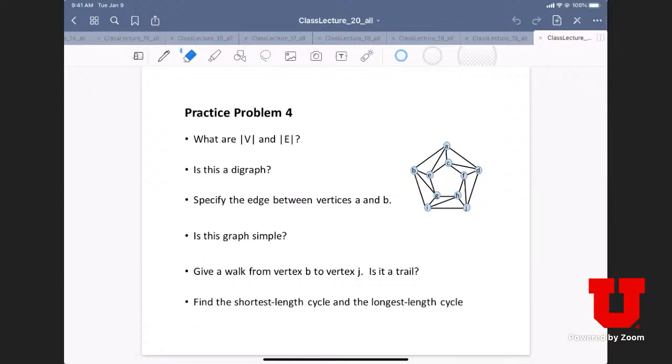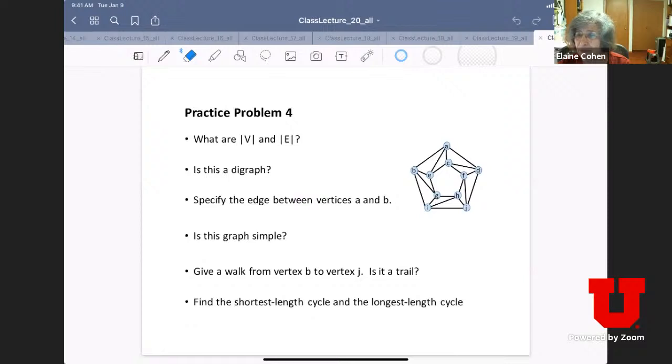Okay. It's of length 3 because there are 3 edges. We start with B, we end with B. There are no vertices that are repeated in the middle, and each edge is traversed only once. So it's a trail, it's closed, and there are no repeated vertices except the first and last one. Give me a longest length cycle.